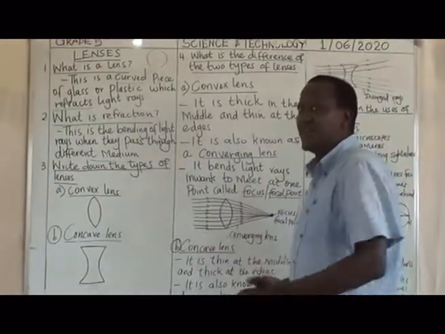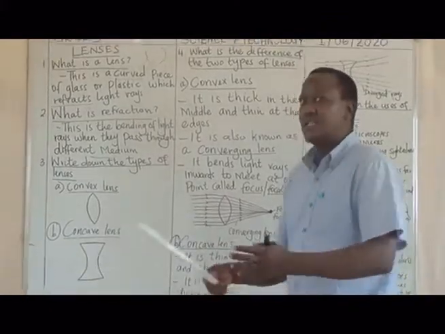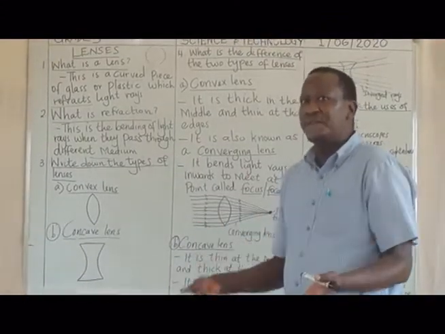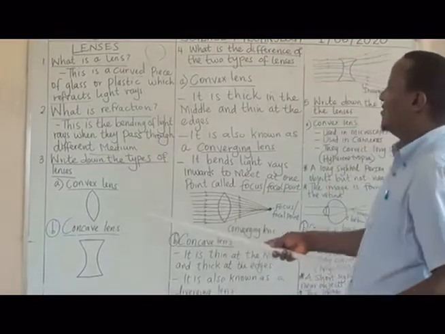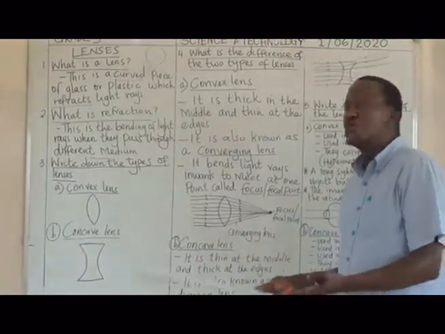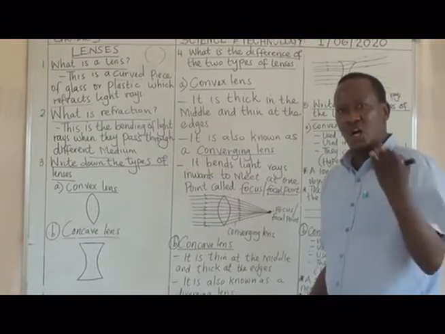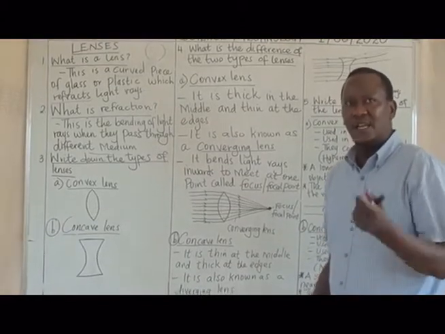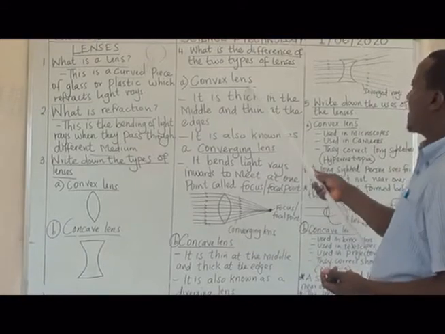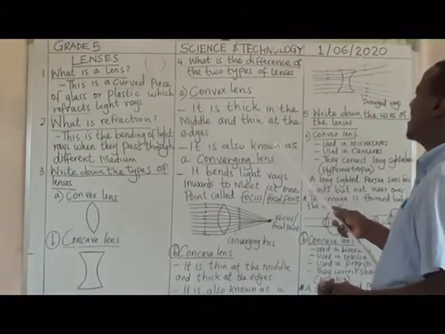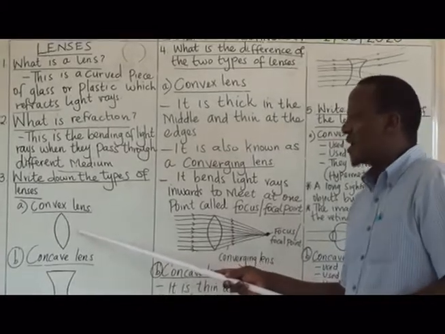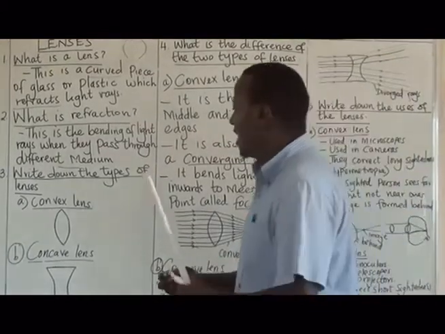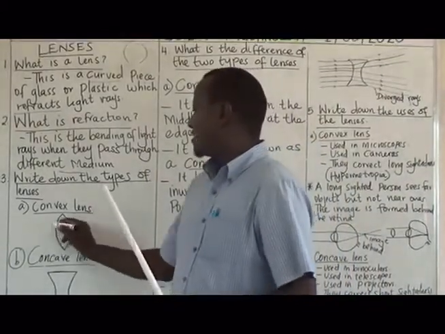First of all, even if you look at the shapes, you can see they are different. They are not the same. So let's go deeper and look at the differences between the concave lens and the convex lens. A convex lens is thick in the middle. If you look at this diagram, the middle part I'm talking about is this one here.